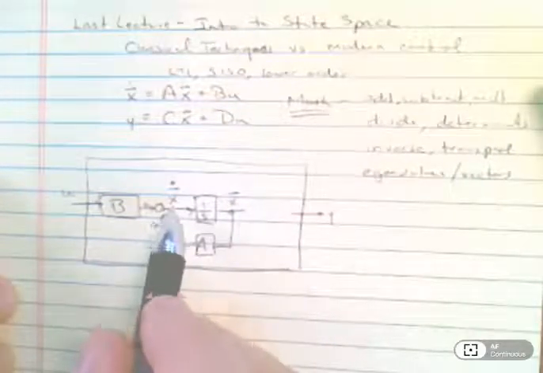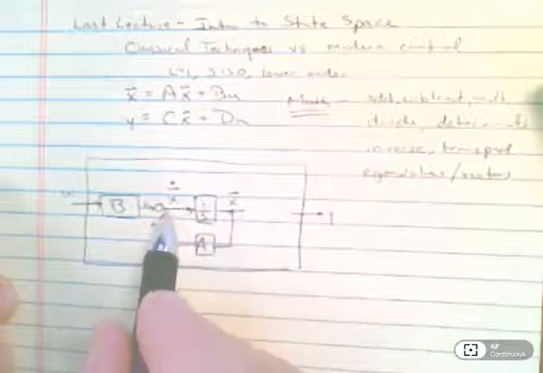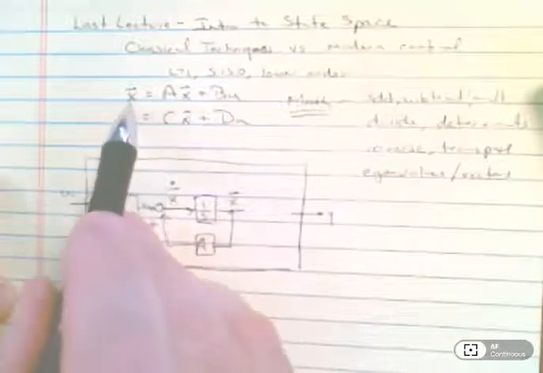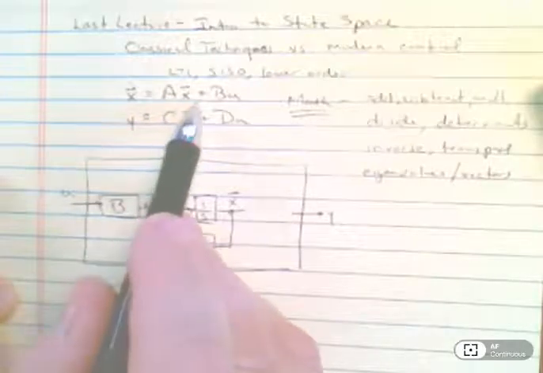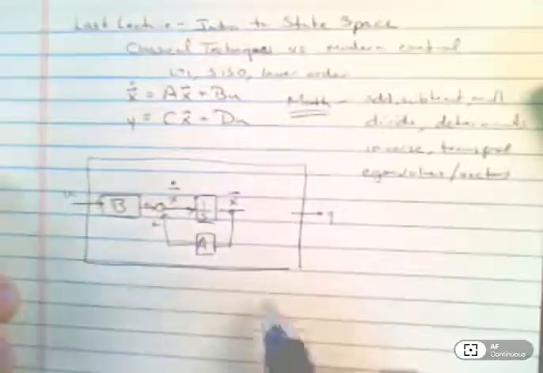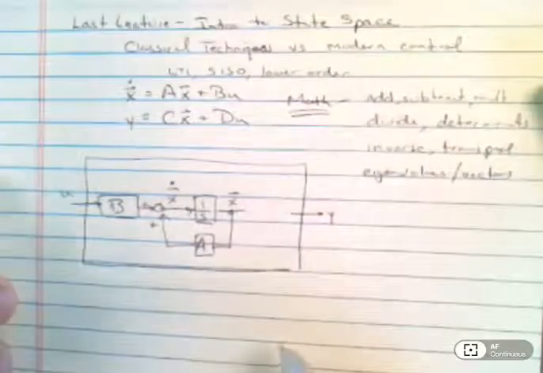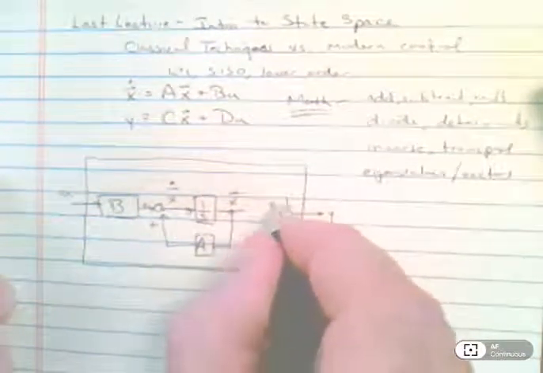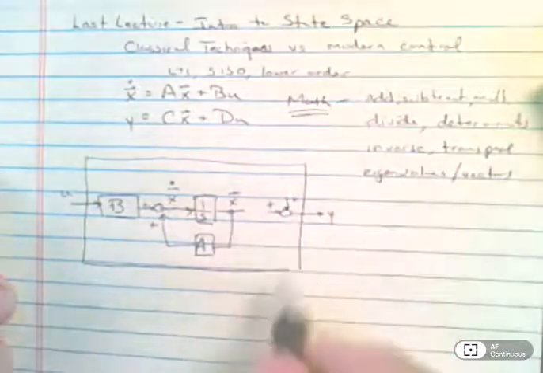X the vector dot equals A times x plus B times u. And we see that reflected up here. X the vector dot equals Ax plus Bu. And then our second equation is y equals the sum of two terms. Here's our y. It's the sum of two terms, so I'll put some terms coming in here.